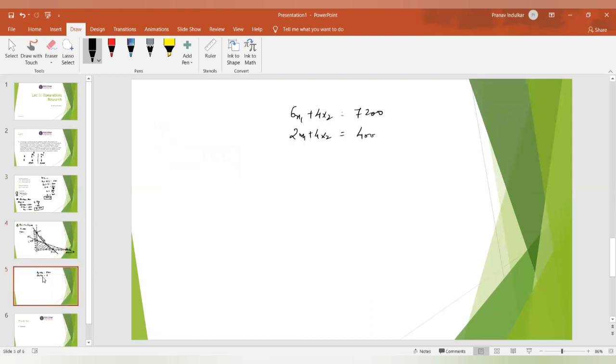Now solving these equations simultaneously. How do we solve this? Subtracting equations. This is 1, this is 2. Subtracting equation 2 from 1.